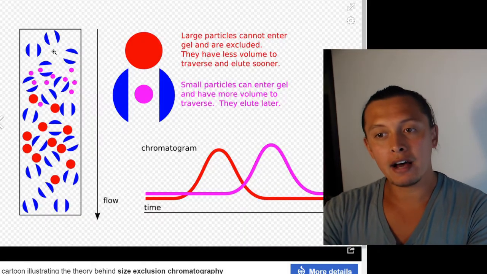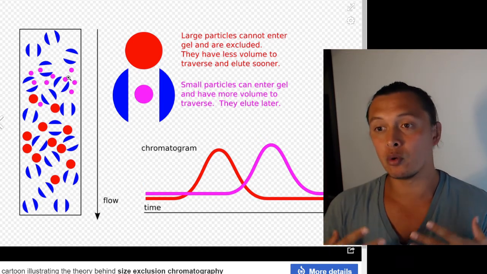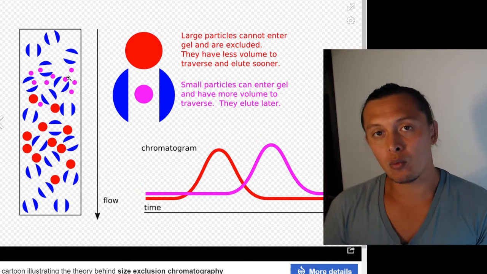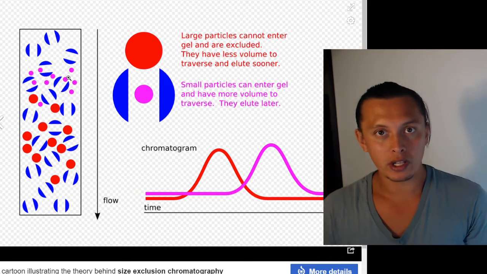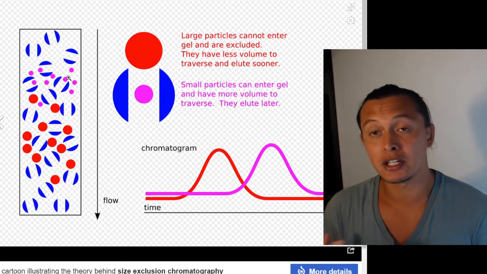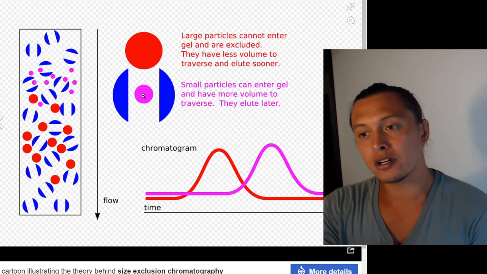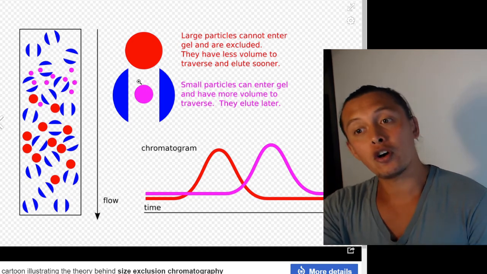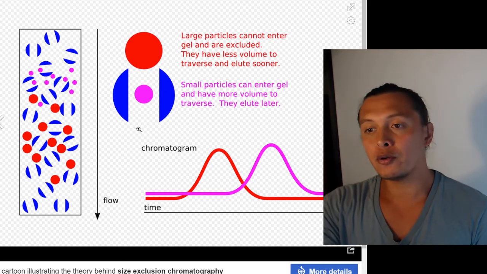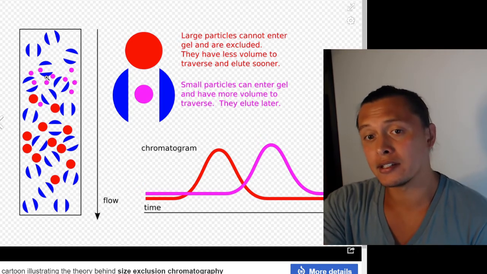In biochemistry, we often need to do a lot of separations of the biological material that we are working with, because biology is such a messy field, we need to separate things from each other in order to get the material that we want. When we do size exclusion chromatography, we use these beads that actually have different pore sizes inside of them.